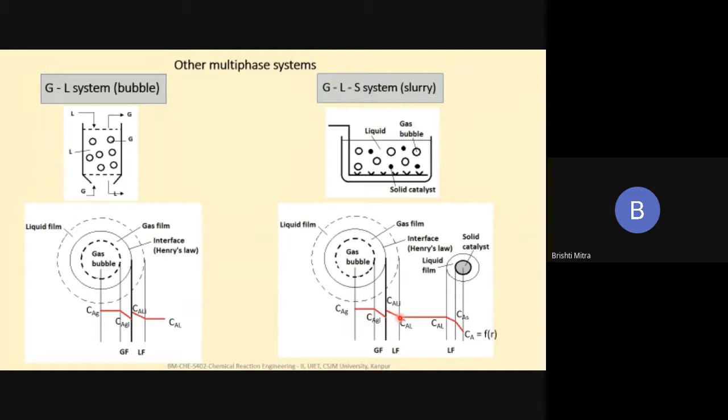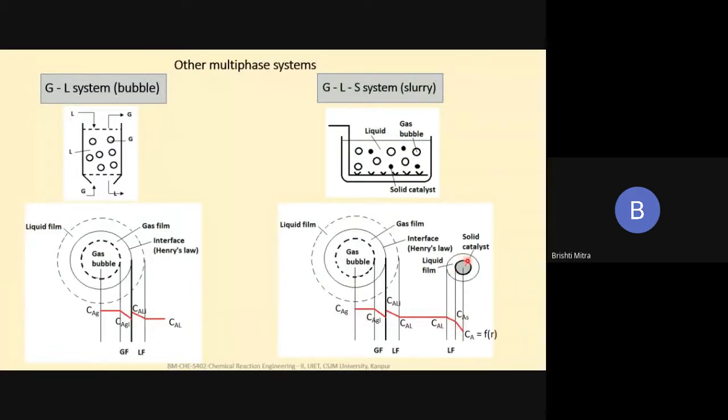Once we reach the bulk liquid, the concentration remains constant till it goes to the liquid film surrounding the catalyst. Because it is a film, again there'll be a drop in concentration due to mass transfer resistance, and the concentration changes from CAL to CAS, S standing for the surface.